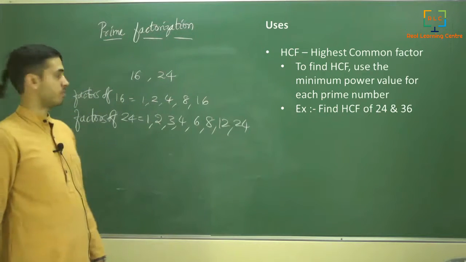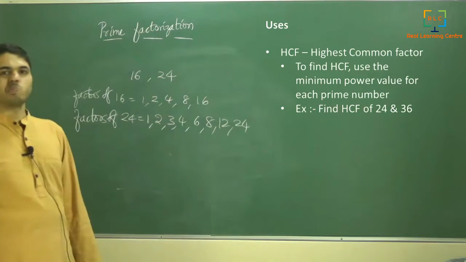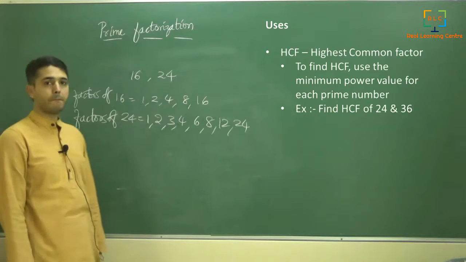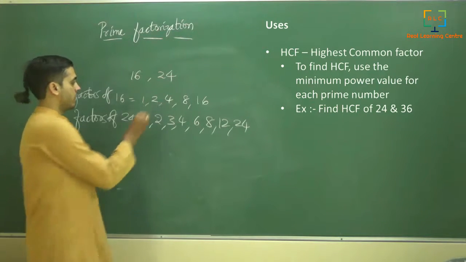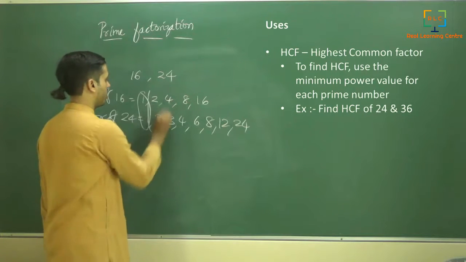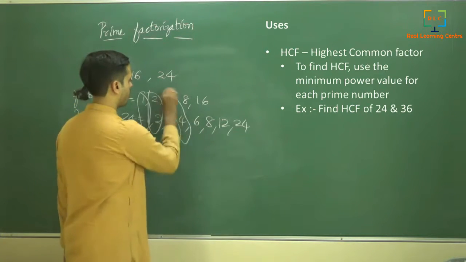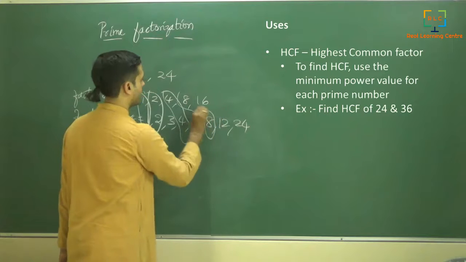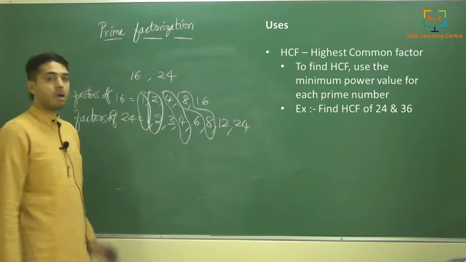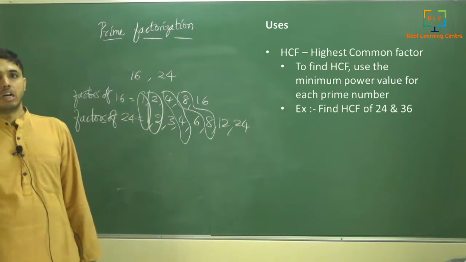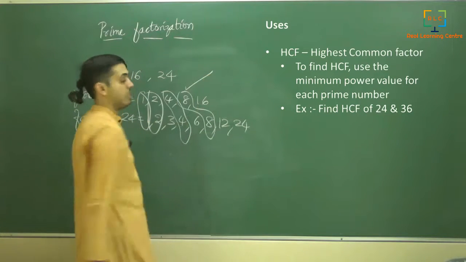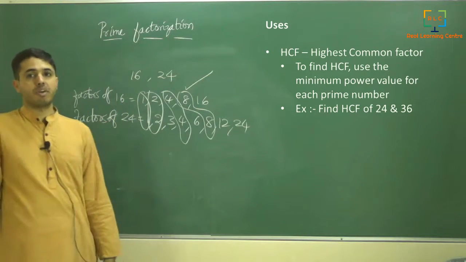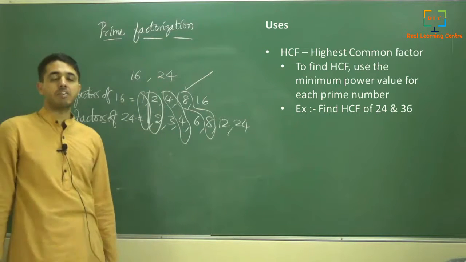Now we have got the factors of 16 and 24. Now there are common factors, we have seen in our previous class. Common factors are 1 and 1, 2 and 2, 4 and 4, and 8 and 8. Among all these common factors, which is the highest common factor? That is 8. This qualifies as highest common factor of numbers 16 and 24.